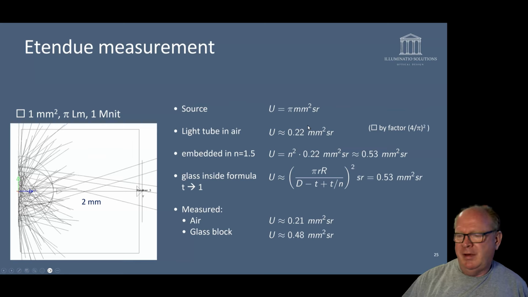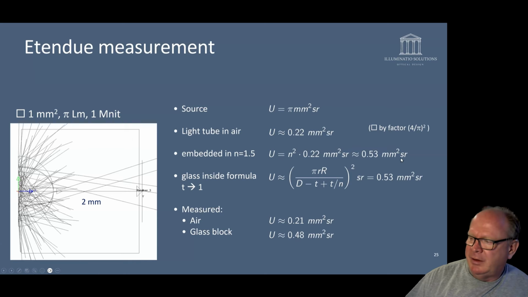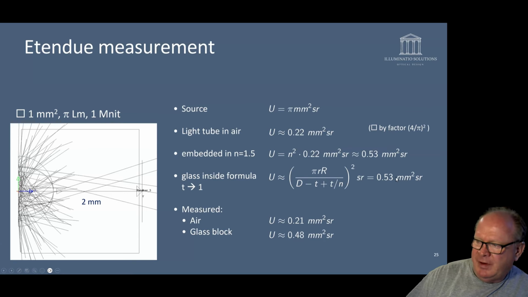And if I embed the whole system in a refractive index of 1.5, then, I think Jules had shown this earlier today, we simply multiply the étendue by n squared, and I get 0.53 square millimeters steradian. By our glass formula, if we let the thickness of the glass inside approach 1, I also get very accurately 0.53 square millimeters steradian.